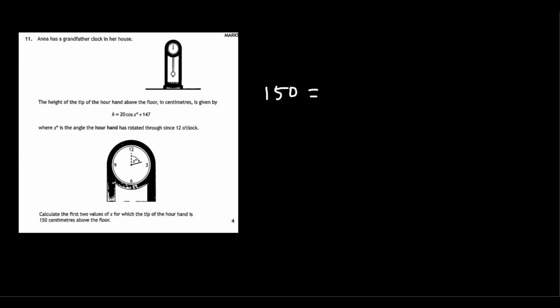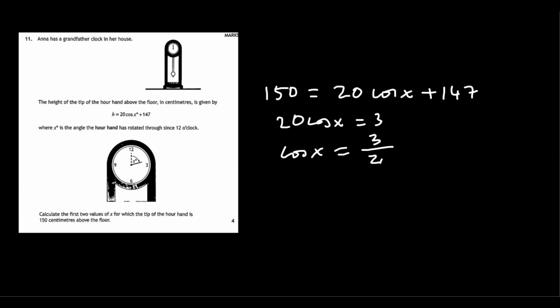So 150 equals 20 cos x plus 147. And then we subtract 147 from both sides. And then we divide by 20. And then we just find the inverse.